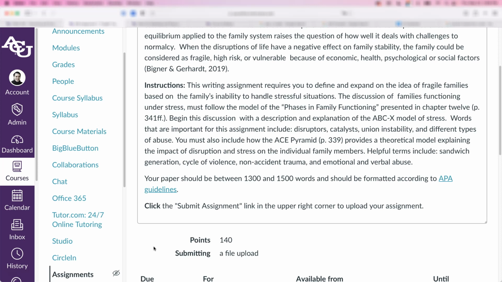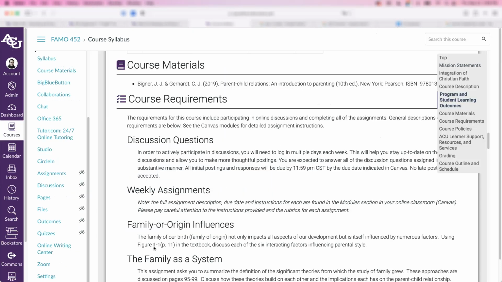So if you were referring to this in your paper, you would say phases in family functioning, all lowercase, phases in family functioning model, and then in parentheses, you would have an author-date citation to wherever you got that from, in which case this is going to be the course textbook. Now, the course textbook happens to be written by Bigner and Gerhardt, and it was published in 2019, so your parenthetical citation would be (Bigner & Gerhardt, 2019). Okay.